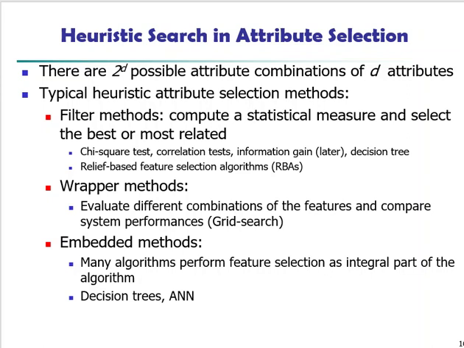As we recognize, there are 2 to the power of d possible attribute combinations of d attributes. So it's not realistic to try every combination and see which one gives you the best performance.